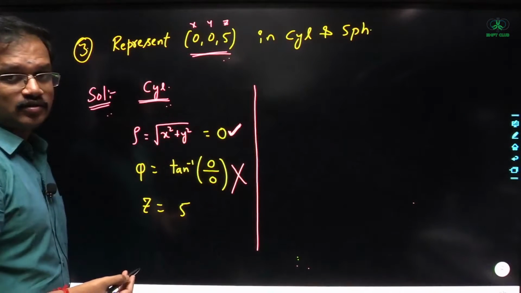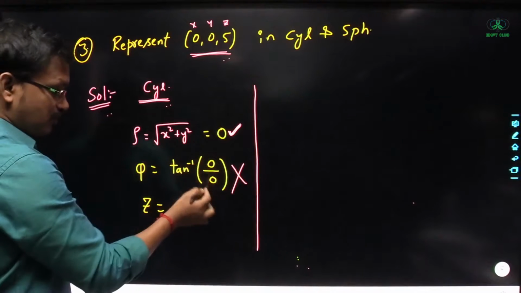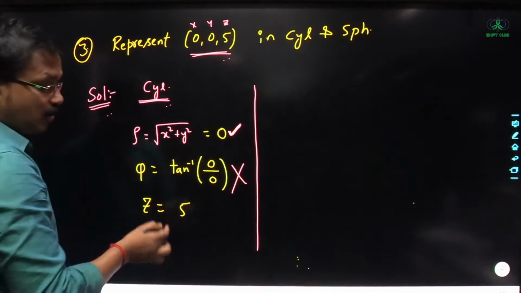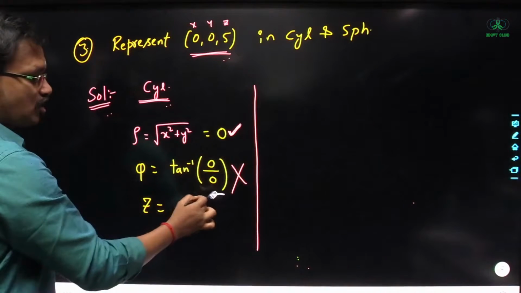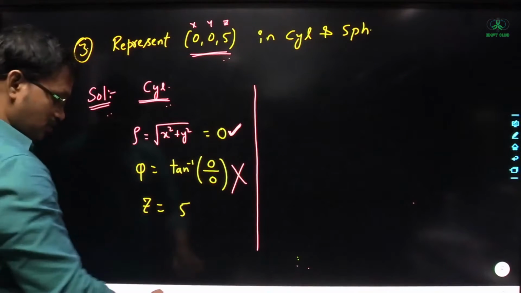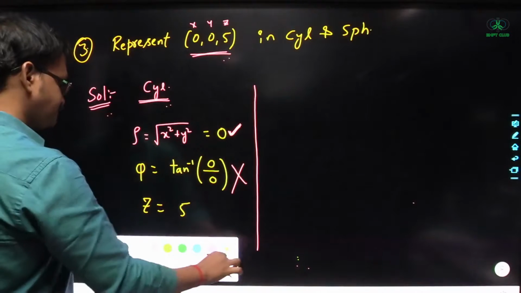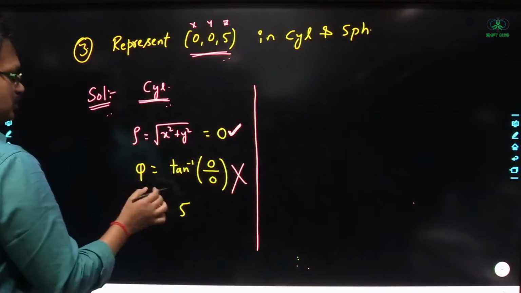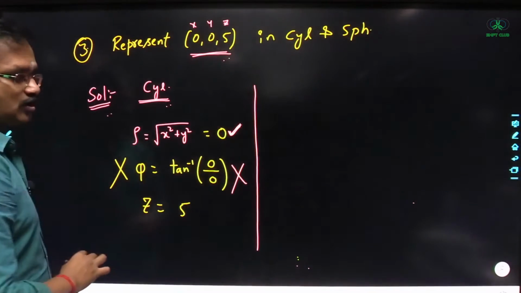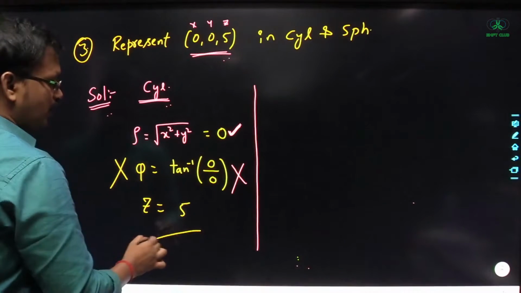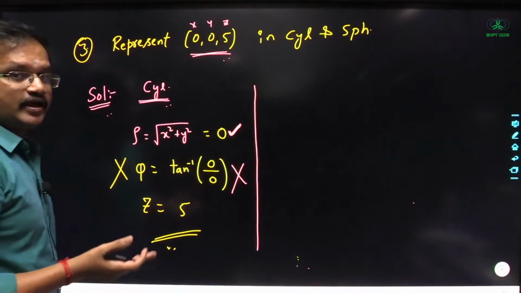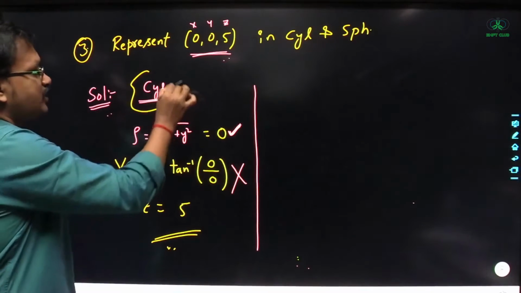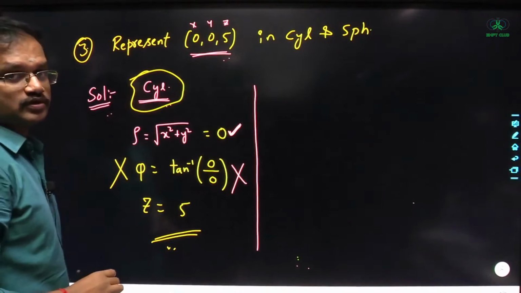We are not getting tan inverse of 1 by 0 or 2 by 0, we are getting 0 by 0, which is not defined. So you cannot represent this point uniquely in cylindrical coordinates.